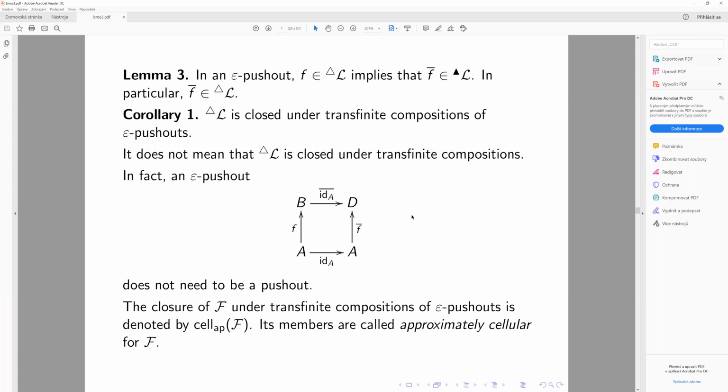In a usual push-out, you identify the points FA and GA in the coproduct. In an epsilon push-out, you don't identify them, but you put distance epsilon between them.